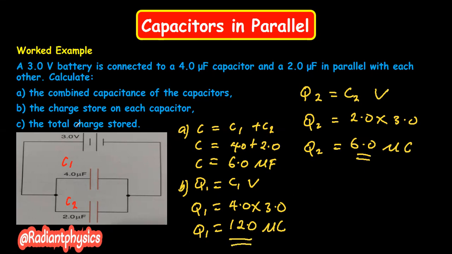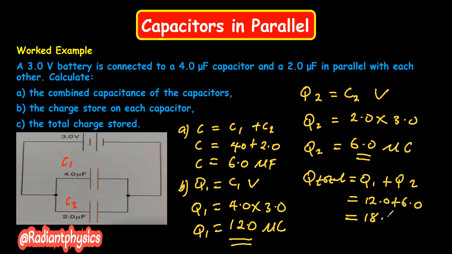The last question says the total charge stored. The total charge stored can be given as Q1 plus Q2, which means 12.0 plus 6.0, and then we should have 18.0 microcoulomb.